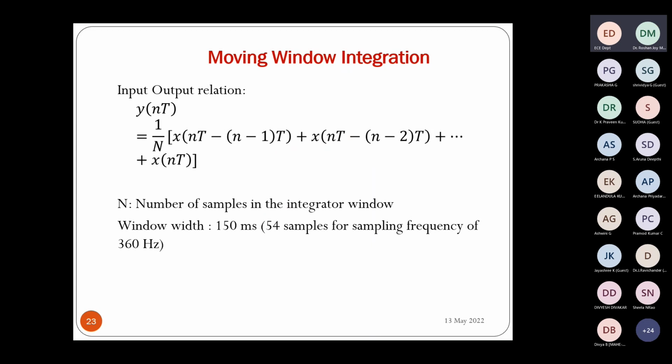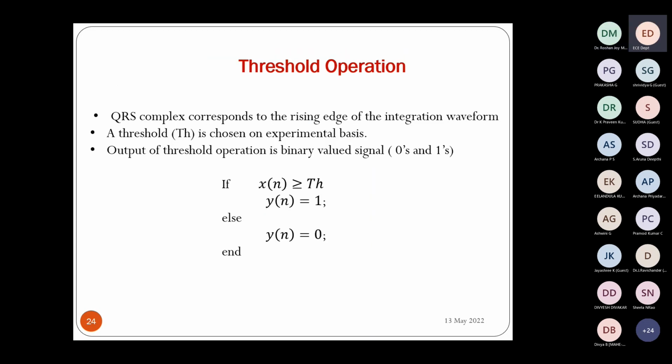Once you compute moving window integration, you can finally apply a threshold to the data. The QRS complex corresponds to the rising edge of the integration waveform. Based on this, we are fixing a threshold value and thresholding the ECG signal.